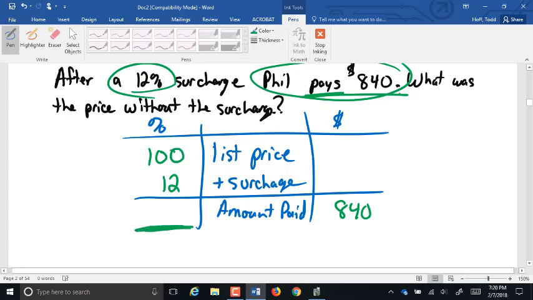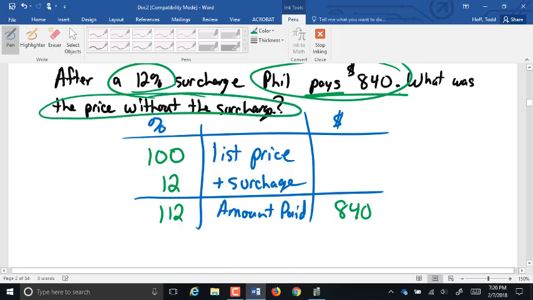Is this number down here 88 or 112? 112. This is a case where we add that percent, not subtract. What are we looking for? The list price, the price without the surcharge. We're looking for this number here. Now we have to keep the bottom row because we have both numbers. We have to keep the top row because that's the one we're looking for.